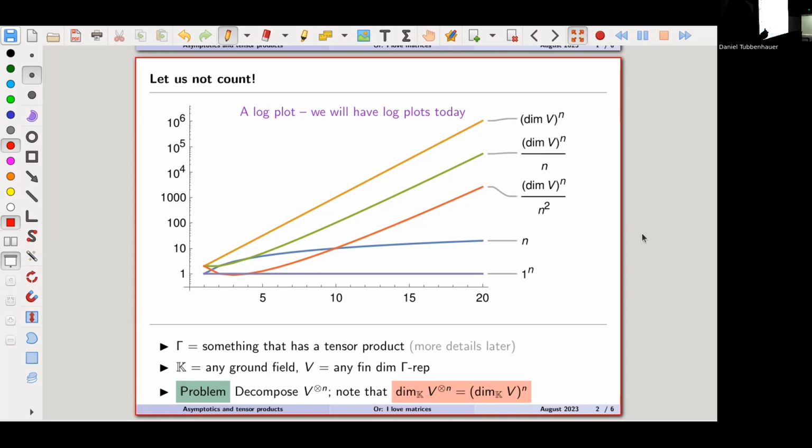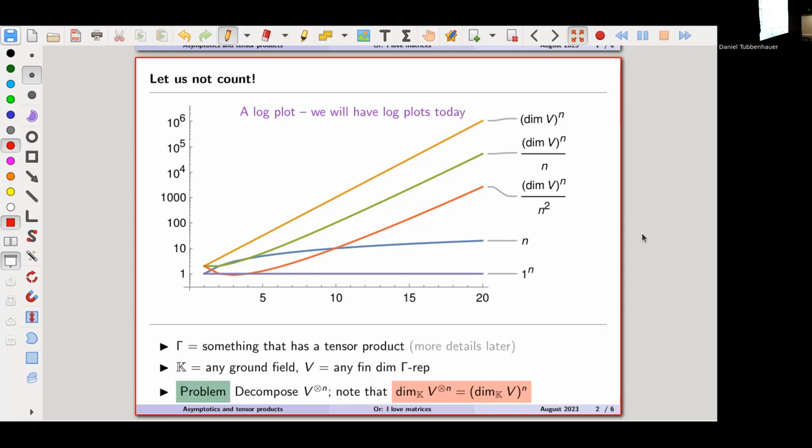So what can I do in this general setting? The only thing I observe right now is that this piece here, if you just take the dimension, will grow exponentially unless my dimension is 1.